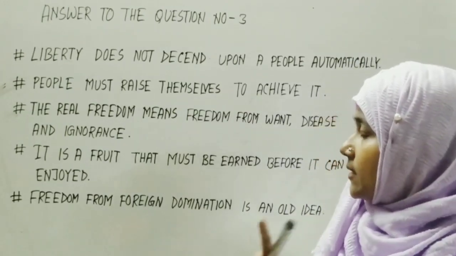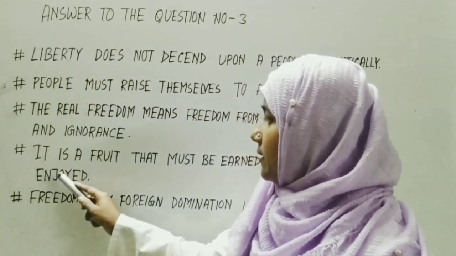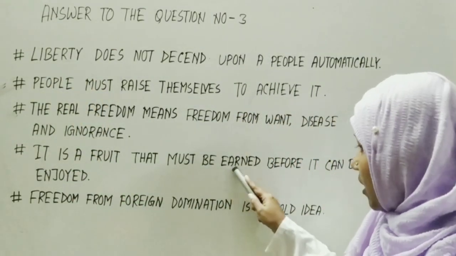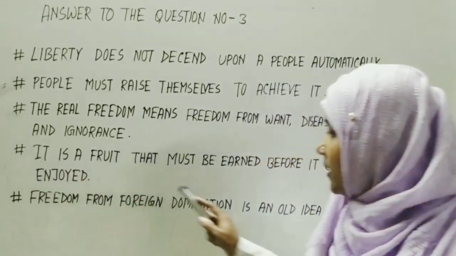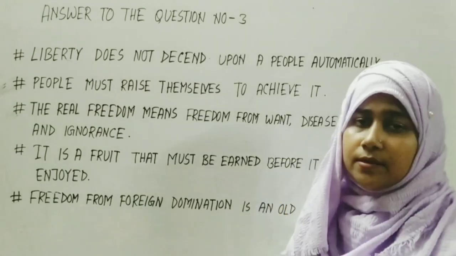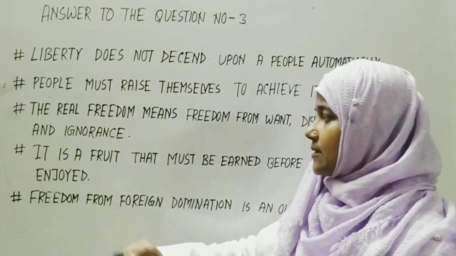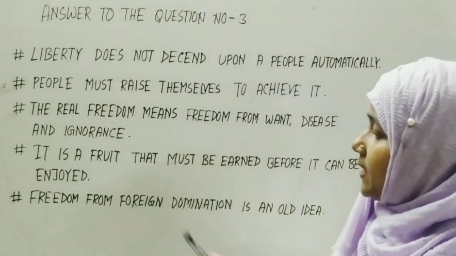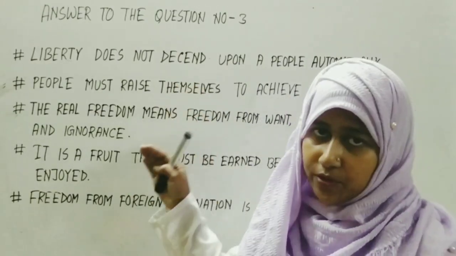And then sentence number 4, it is a fruit. That means liberty is a fruit that must be earned. You have to earn before it can be enjoyed. Before enjoying, you have to earn. That means liberty is a fruit that must be earned before it can be enjoyed. This is how you can continue your sequence.